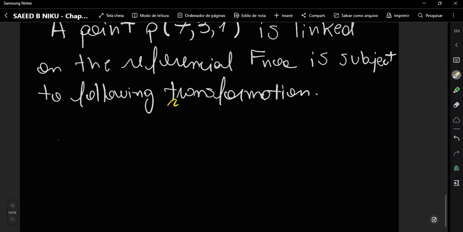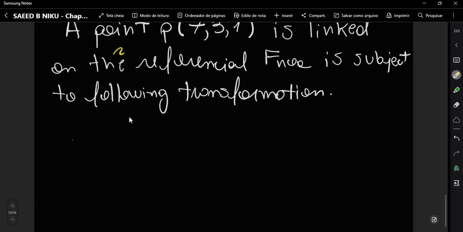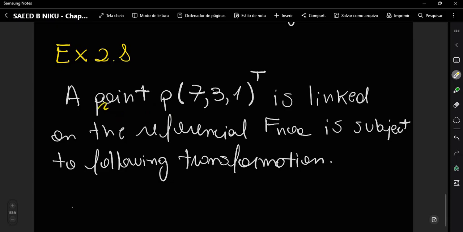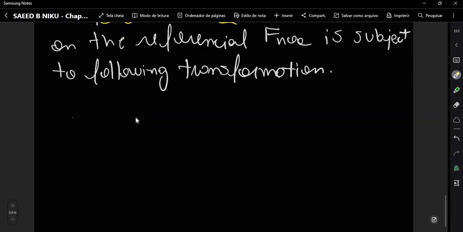So we have a point in some specific position or location, and this point will suffer some transformations of rotations and translations.